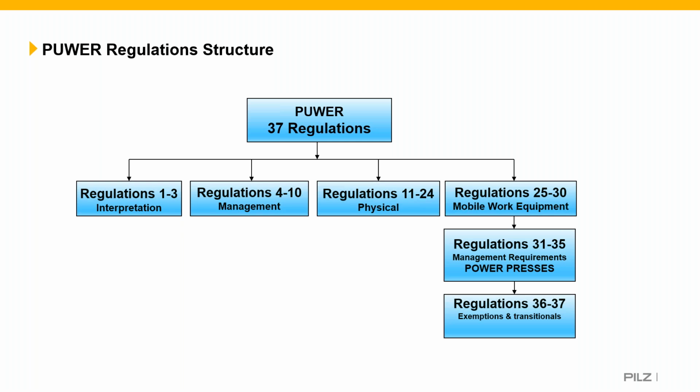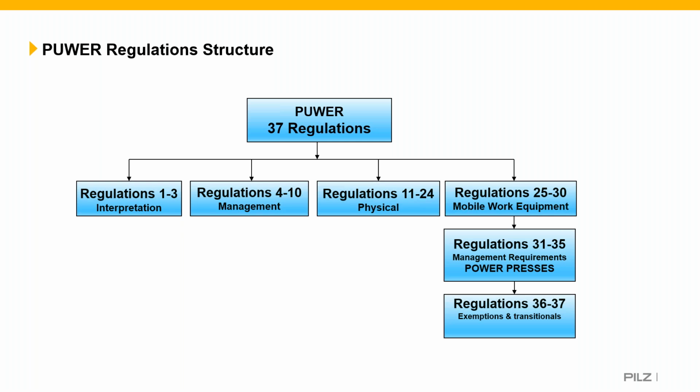Section 4 looks specifically at mobile work equipment. Section 5 looks at power presses, basically amends and repeals the Power Press regs of 1965 and the full amendment in 1972. And section 6 basically is the bit where nothing else fits.